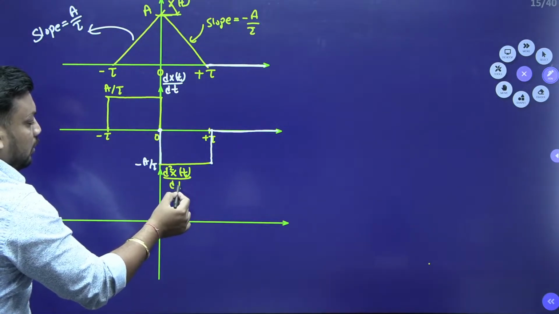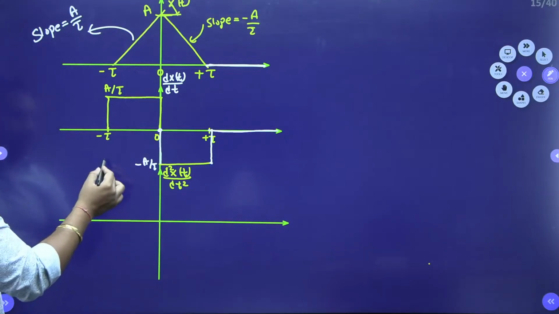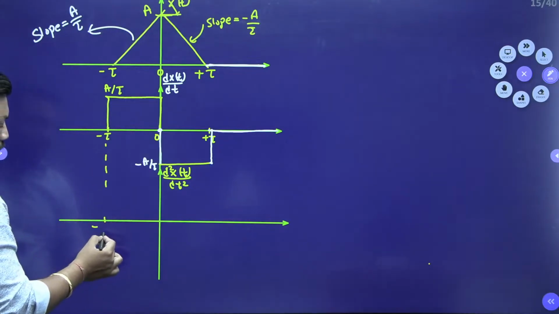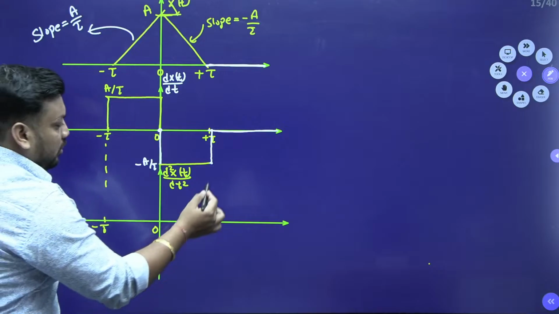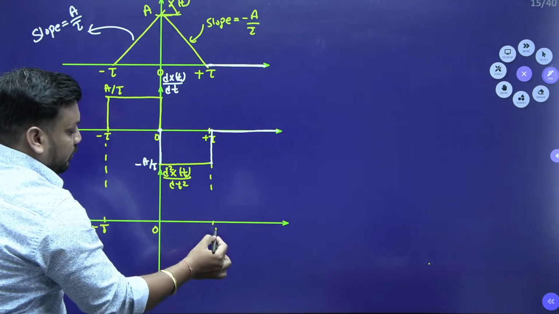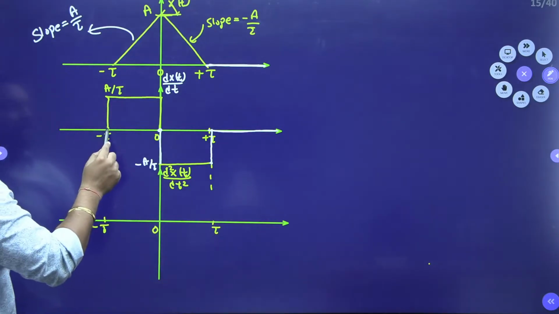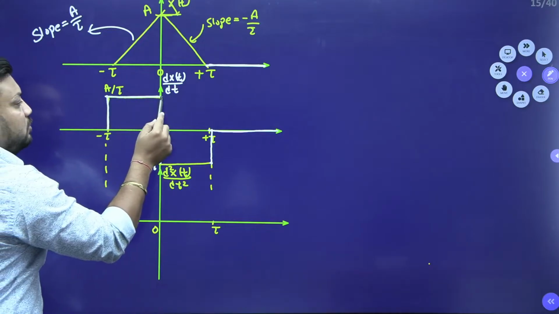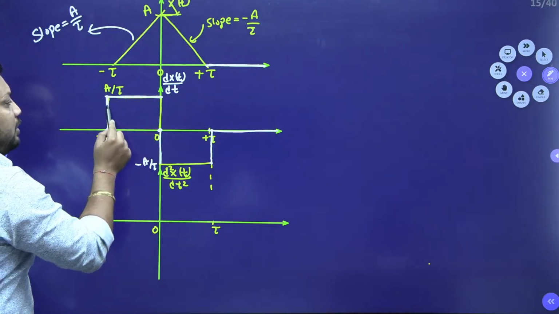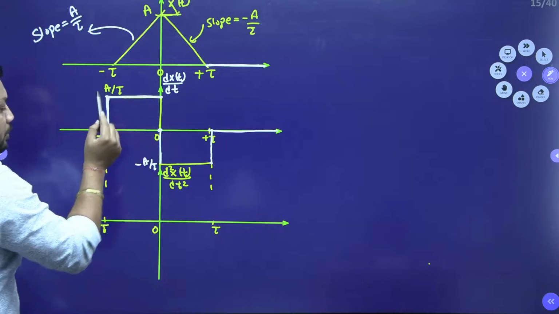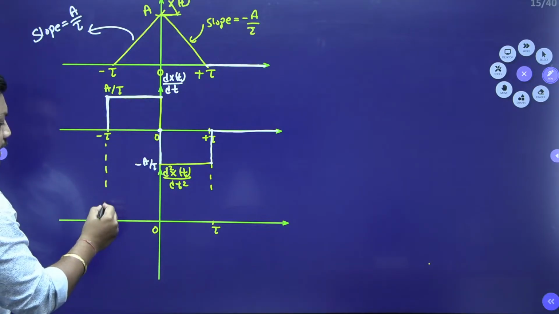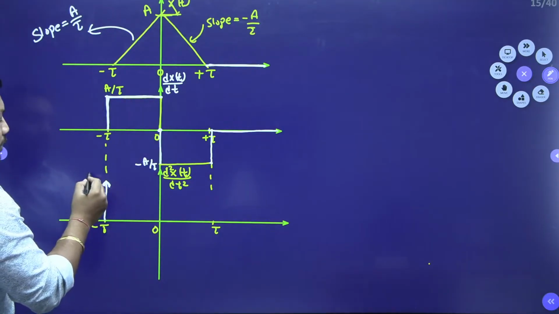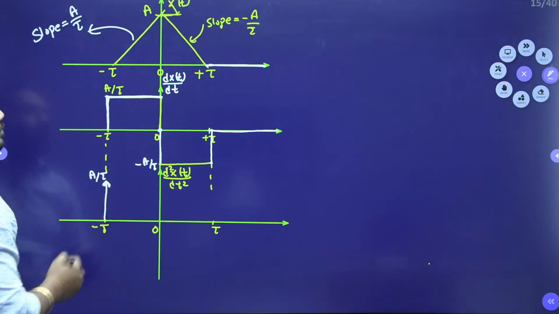If you differentiate again, you should tell me what you will get at the minus tau location, at the 0 location, and at the tau location. Now because it is a step, in the process of differentiation the magnitude of a step becomes the weight of an impulse. So here you will get an impulse of a by tau weight.